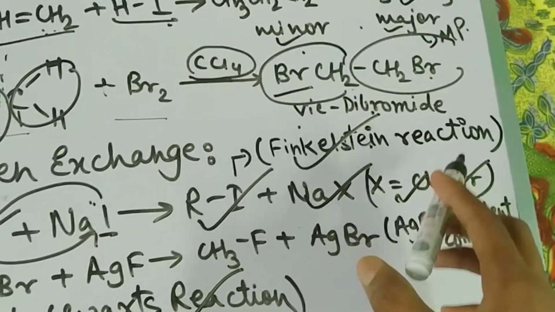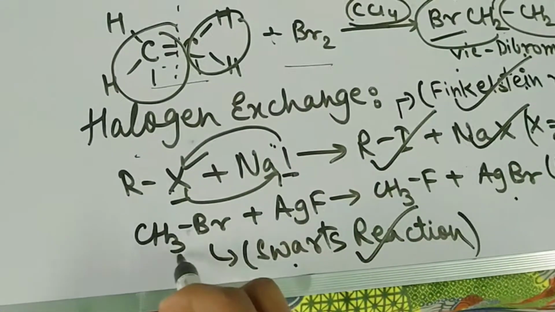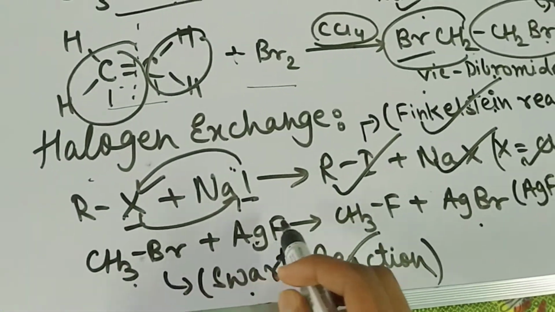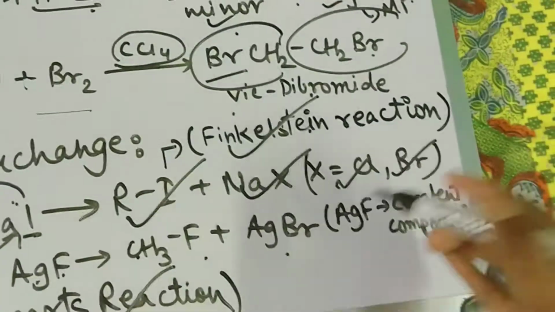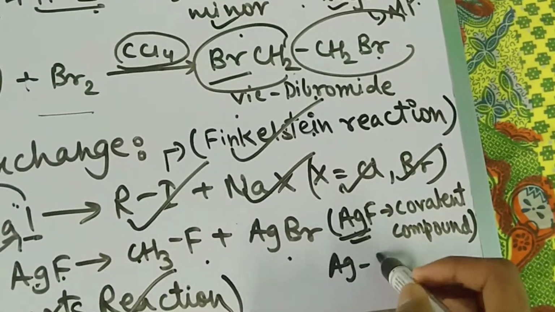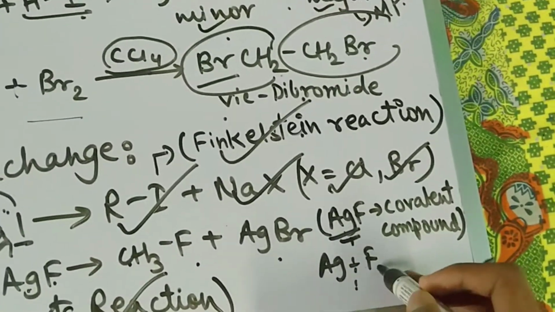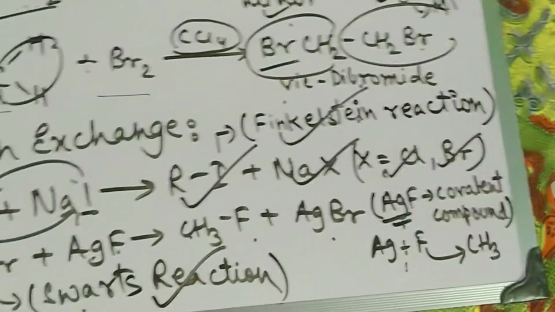Now why can't we use fluorine? With fluoride we use the Swarts reaction. CH3Br plus AgF gives CH3F plus AgBr. AgF is a covalent compound, so Ag and F can easily get separated, and the fluorine comes out and reacts with CH3 and forms CH3F.